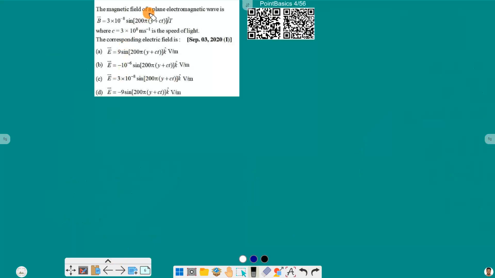The magnetic field of a plane electromagnetic wave is given, we have the magnetic field relation and the speed of light, and the corresponding electric field we have to find out. So first of all, here electric field E is along x, and the direction of the wave, or we can say velocity, is along minus y direction, or minus j.